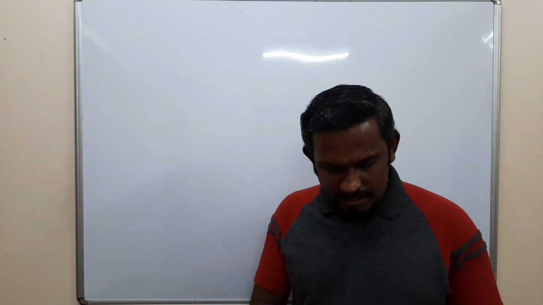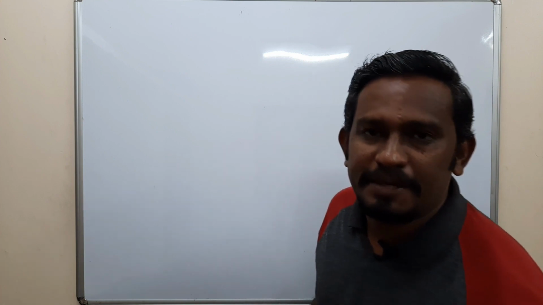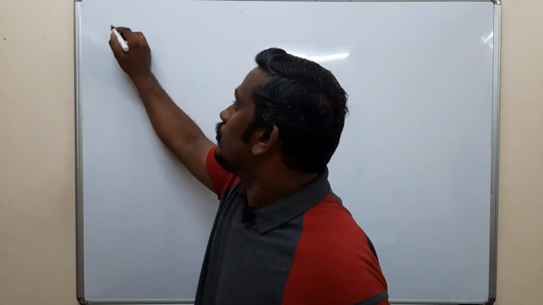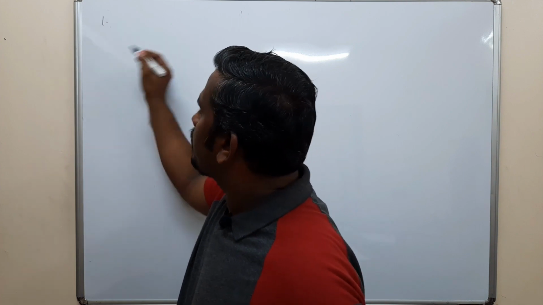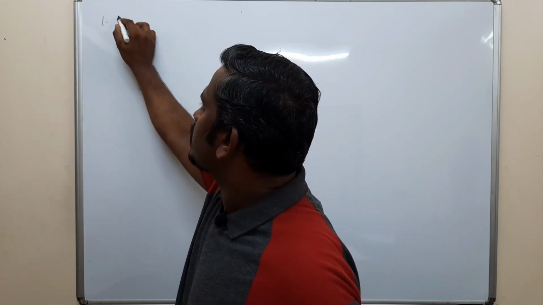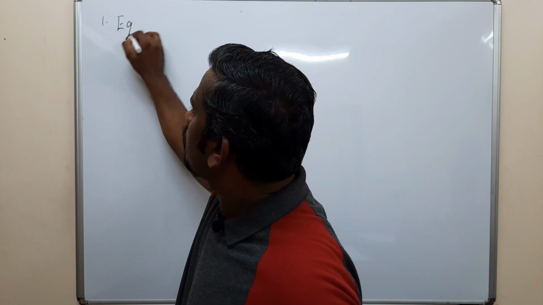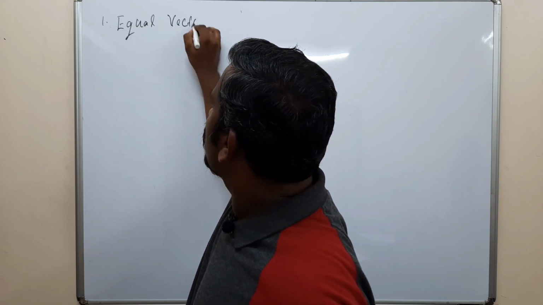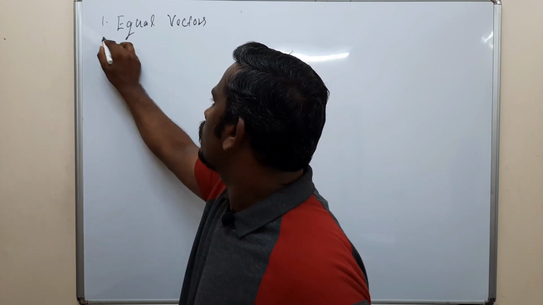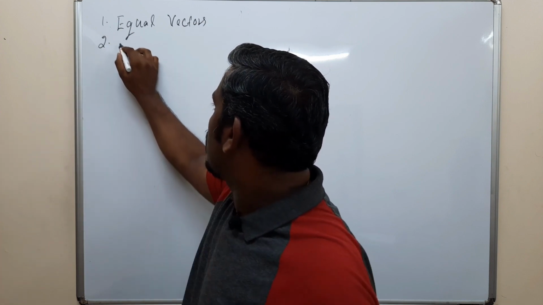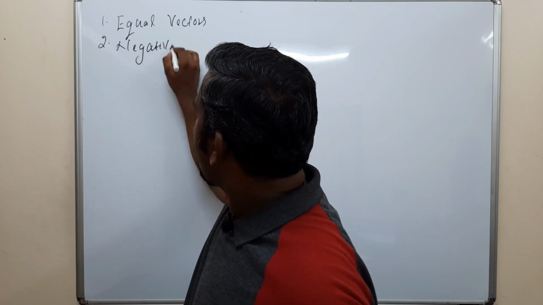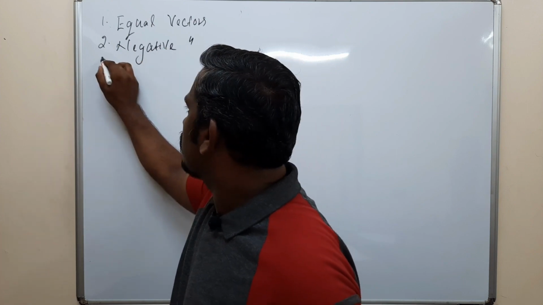Next we are going to discuss the different types of vectors. One, equal vectors. Two, negative vectors.